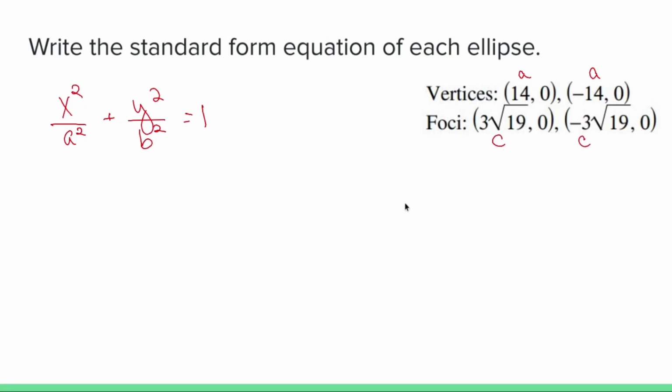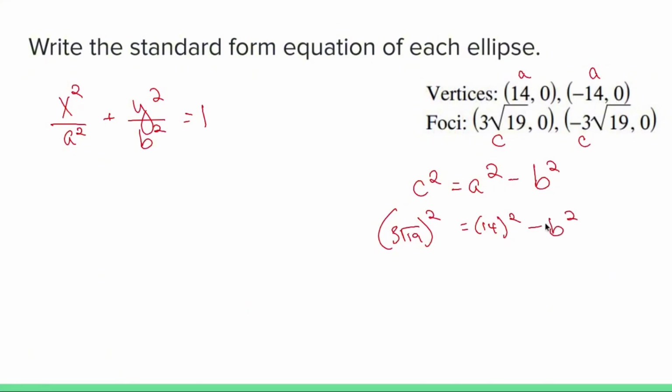Now the way I find out what b is: c squared equals a squared minus b squared. C squared is going to be 3 times the square root of 19 squared, I'll deal with that, equals a squared, which is 14 squared, I can handle that, minus b squared. Okay, this becomes 9 times 19, because 3 squared is 9, and the square root of 19 squared is 19, so 9 times 19 is 171.